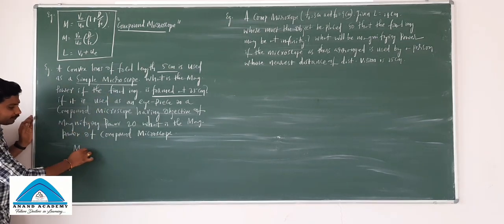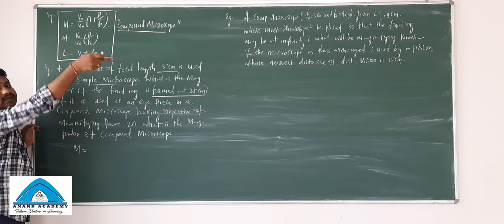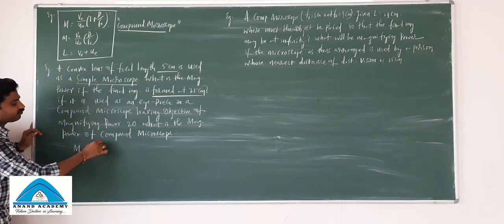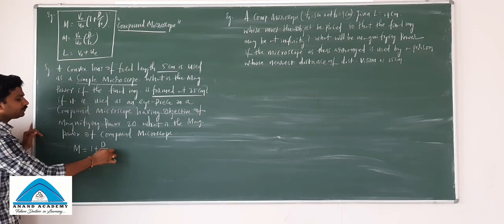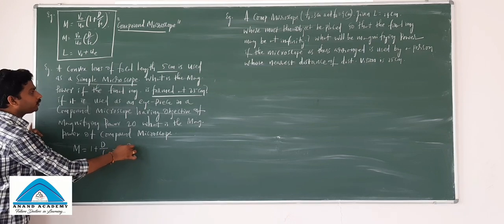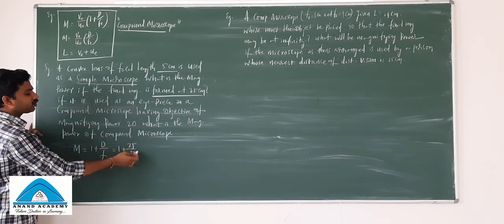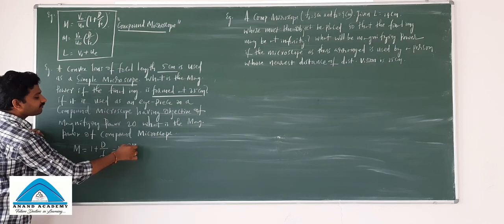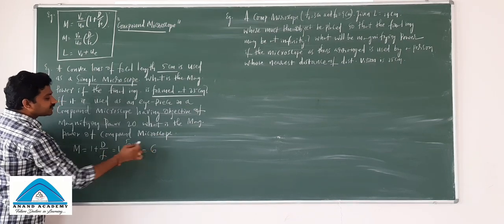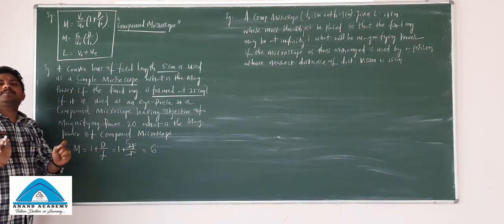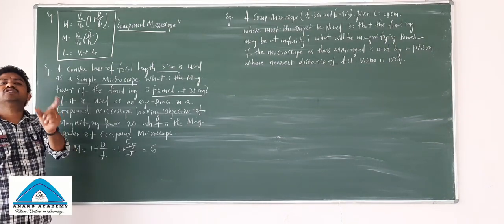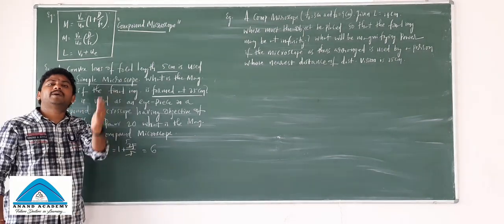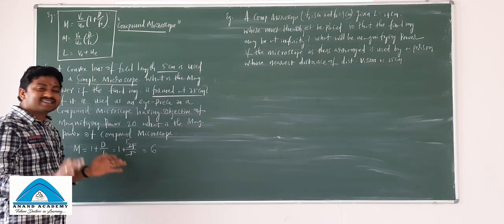So the magnifying power when the image is forming at near point, so it will be 1 plus D by f, which is equal to 1 plus 25 by 5, because focal length is 5, so it is 5, and we got 6. The magnifying power of a convex lens used in simple microscope, we have got it as 6.